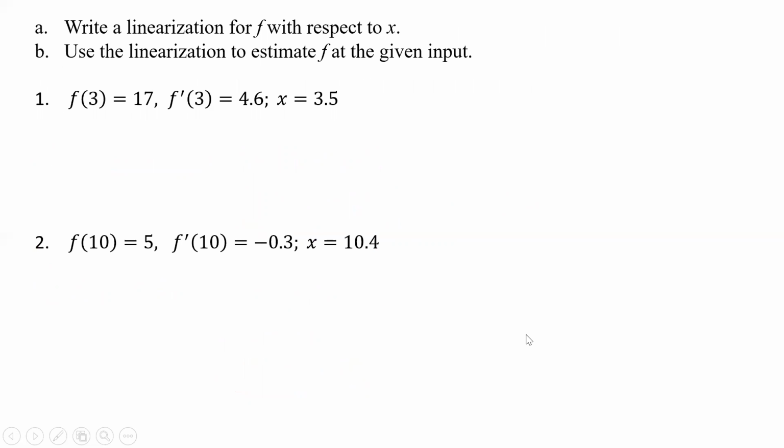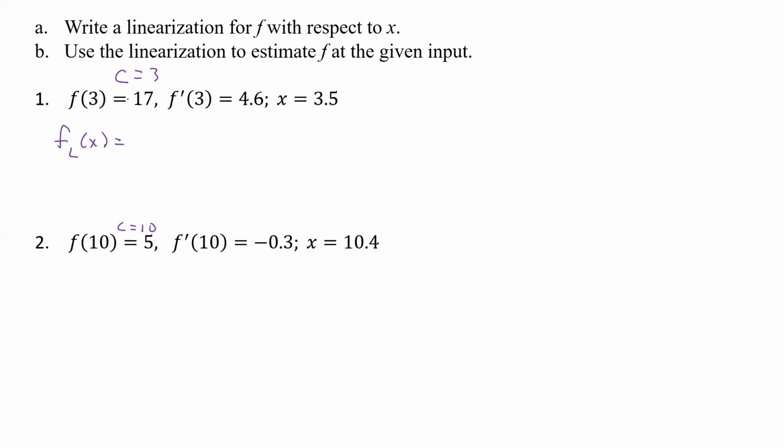Well, we have write a linearization for f with respect to x, and then we have to use that linearization to estimate f at the given input. So what we need to do is we want to say, well, f linearization of x is equal to, and now we're doing our f of c, and so in this case, it looks like c is equal to 3. Down here, looks like c is equal to 10.